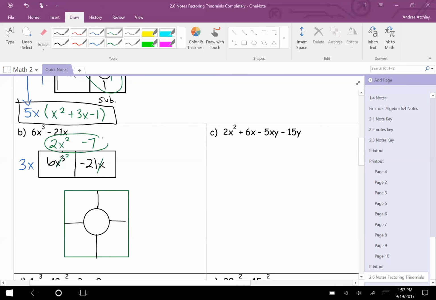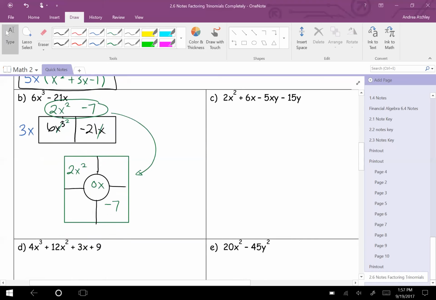So this right here goes in here. You have your 2x squared here, your number by itself, and that middle term that we're missing is 0x. The middle should combine these two missing squares, should get combined to 0x.